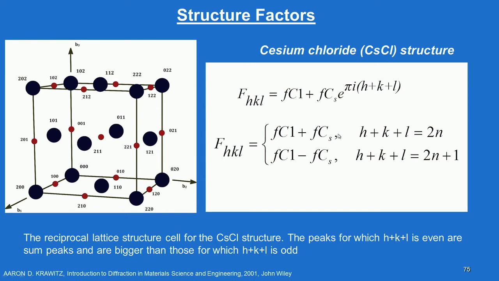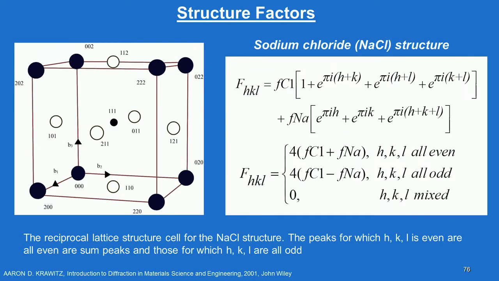Now we will move on to another important crystal system called a sodium chloride structure, and this is similar to cesium chloride. You have two interpenetrating FCC crystal units, and you can see that the two positions are mentioned here.